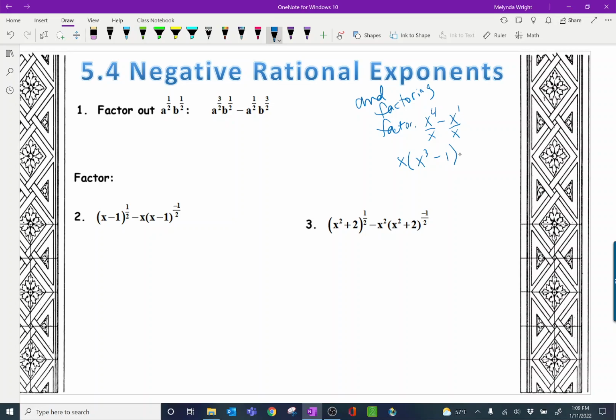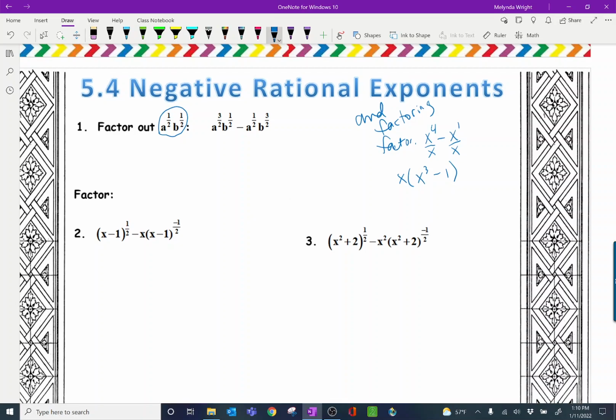So in here, they're actually telling us what to factor: a to the 1/2, b to the 1/2. They're telling us to divide that out or factor that out. So we just need to be sure we're cognizant of the fact that factoring means dividing.